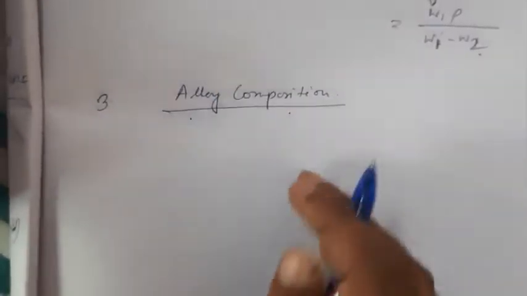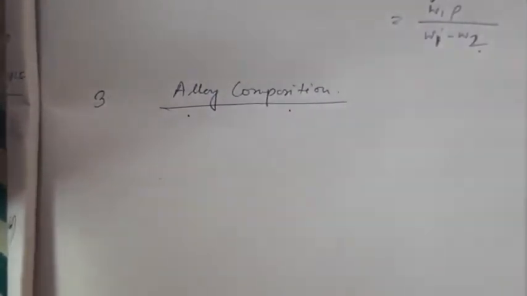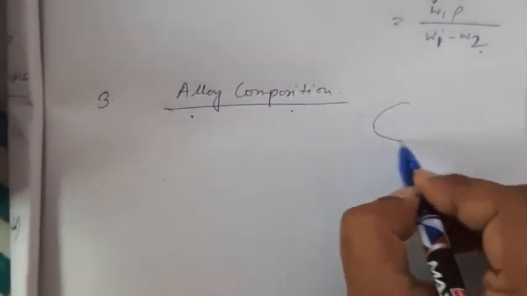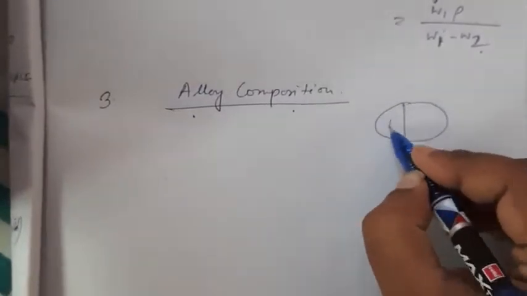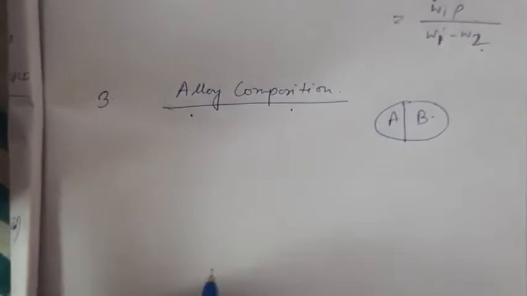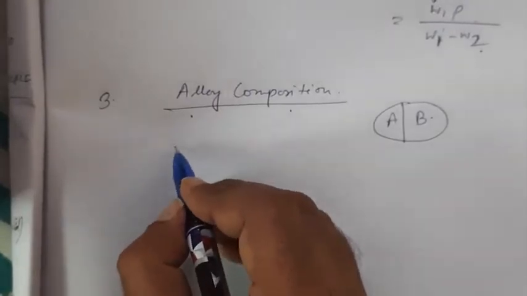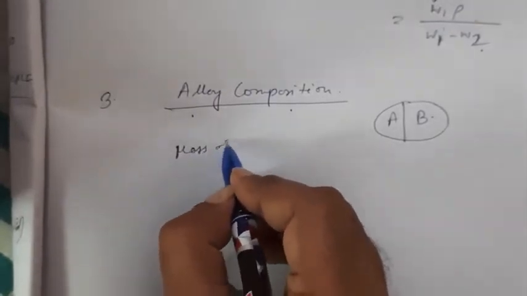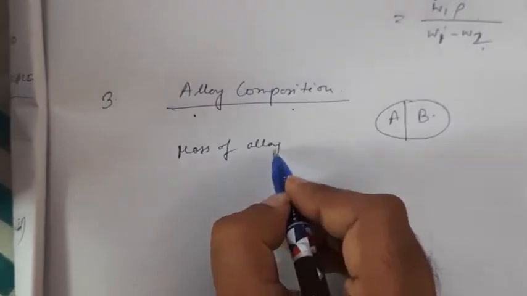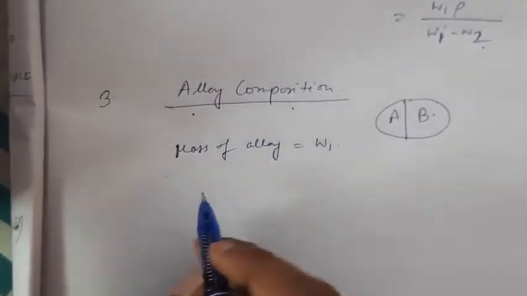Alloy composition, that means to determine the composition of an alloy. Now suppose we take one metal part and name it A, and another part of metal is known as B. So the weight or the mass of the alloy is equal to W1.